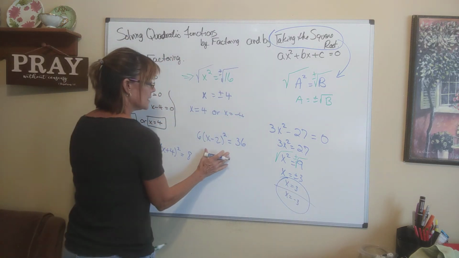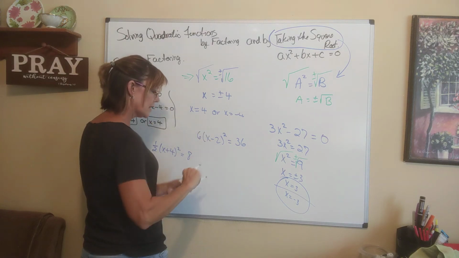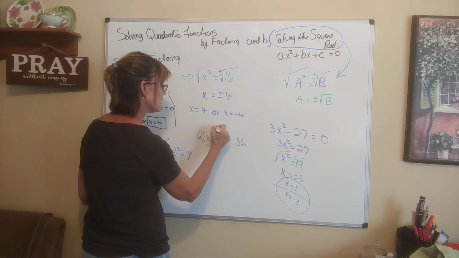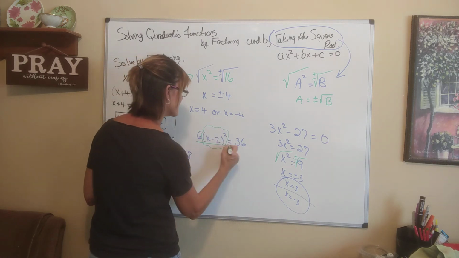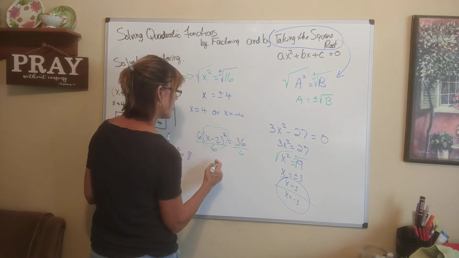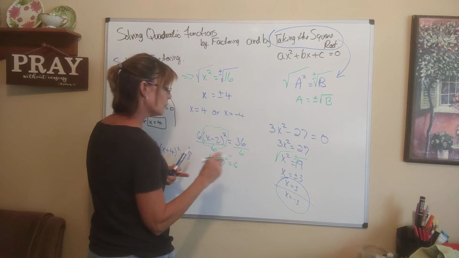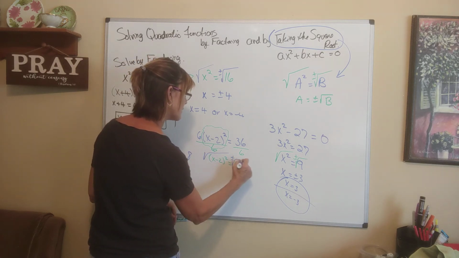Let's do this one. 6 times (x minus 2) squared is 36. This right here is the something squared. So we need to get it by itself by dividing both sides by 6. All right, that gives us (x minus 2) squared is 6. We're ready. Take the square root of both sides. Square root of this is plus or minus square root of that.